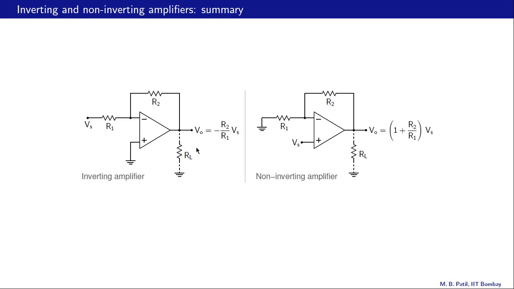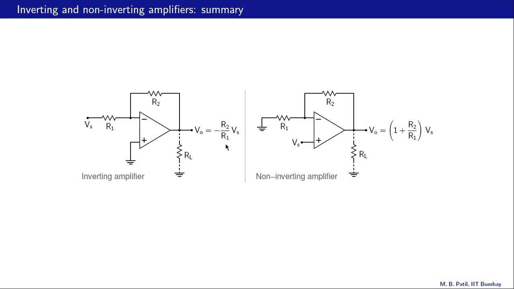And in both cases, the feedback resistor goes from the output to the inverting input of the op amp, there as well. And there are also some differences, of course. And the inverting amplifier, of course, has this negative sign in the gain. Apart from that, note that we have only one term in this expression. Here we have two.